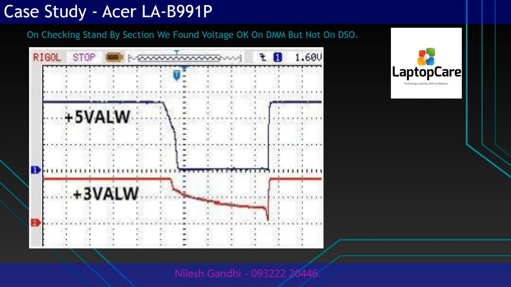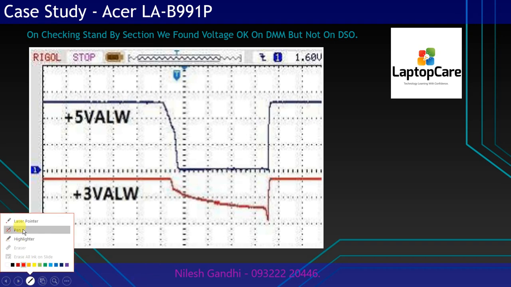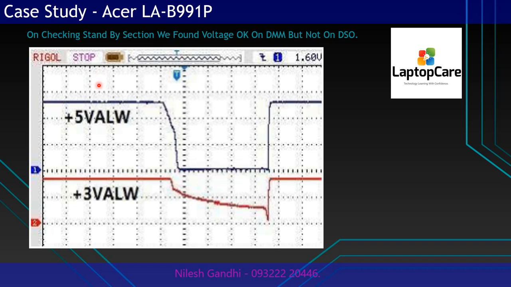When we checked on the DSO, we found that this plus 5 volt always and 3 volt always, after triggering, that is after pressing the power button, goes low for 80 milliseconds and then again comes back to normal level, and definitely this is a glitch.